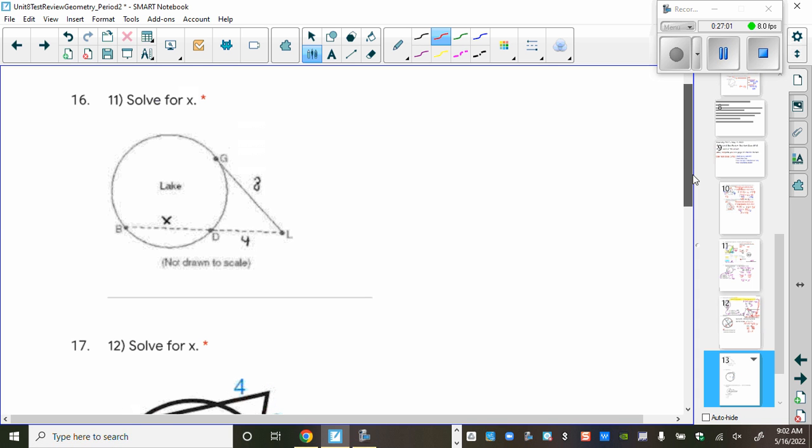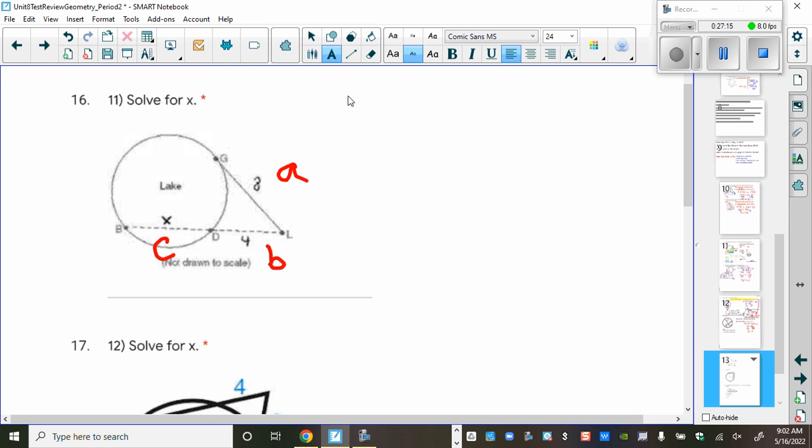Okay, for a problem like this, these are ABCs. And for a problem like this, here's your setup.